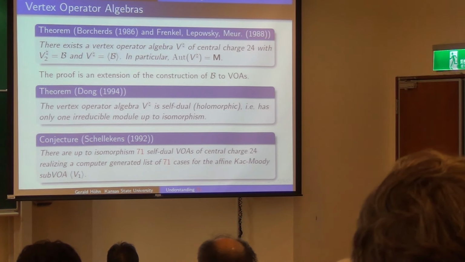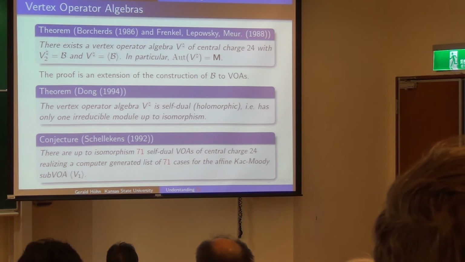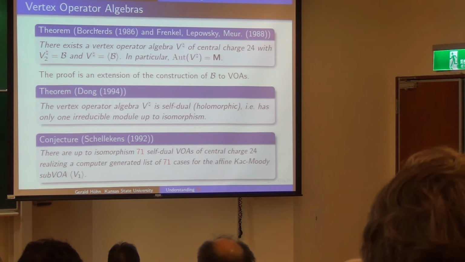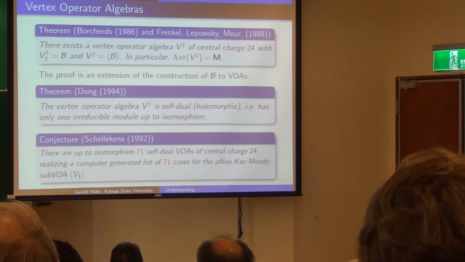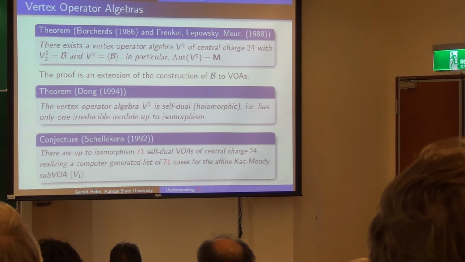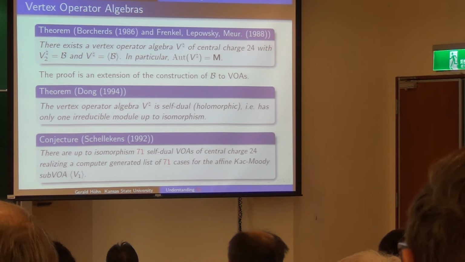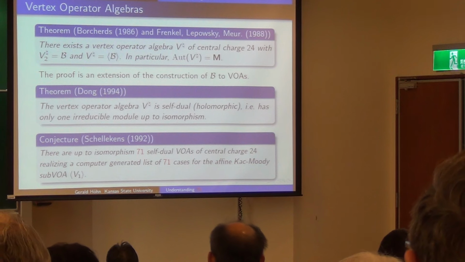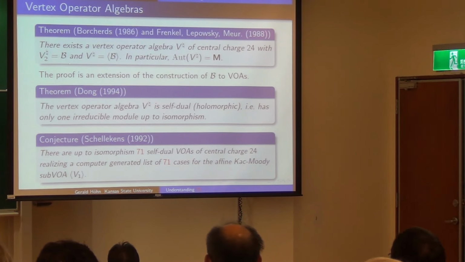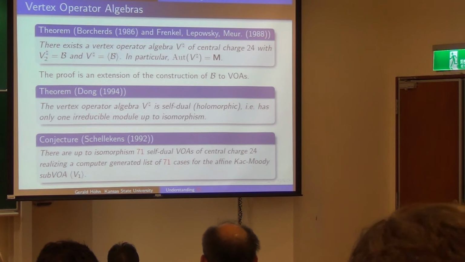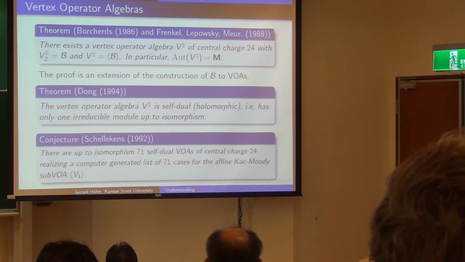Okay, now vertex algebras. The construction of the Griess algebra was then extended by Borcherds and eventually Meurman to a larger structure, which we call the vertex operator algebra. So we get the Moonshine module of central charge 24, and it turns out that its degree 2 part is the Griess algebra.